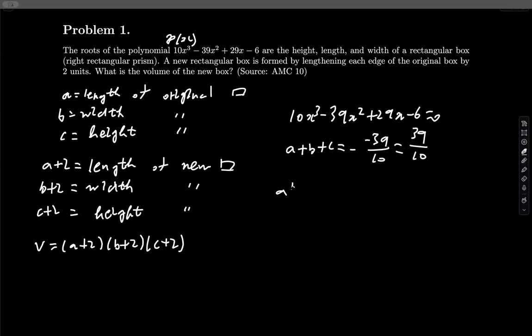We know that AB plus BC plus CA is equal to C over A, which is 29 over 10. And the product of all roots is equal to negative D over A, which is 6 over 10.